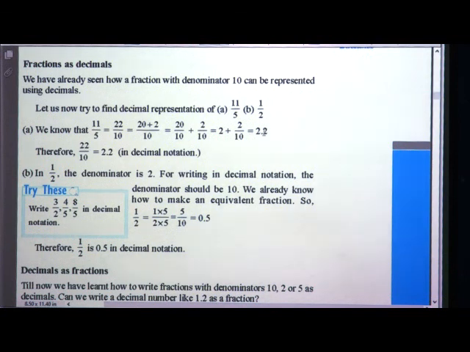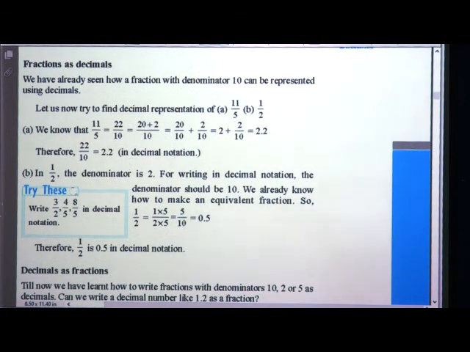So, in ones place we get 2 and in tenth place we get 2 by 10, that is 0.2, and 0.2 plus 2 is nothing but 2.2. So, the decimal notation for 22 by 10 is equal to 2.2.